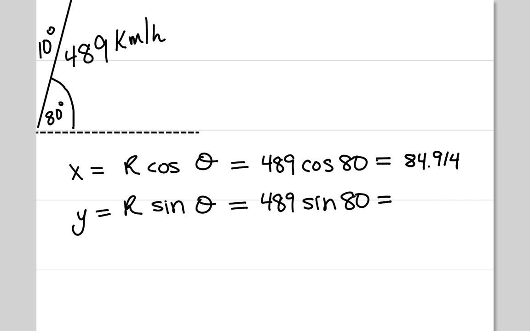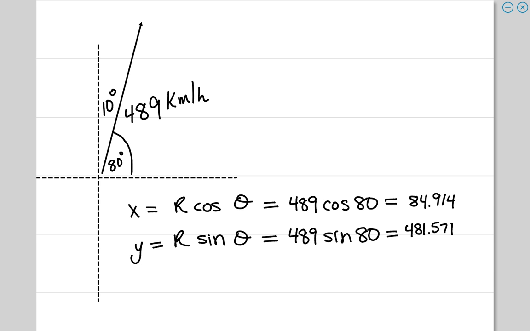I'm just going to take some extra decimals. I know some people were asking me why they're off just a little bit on their final answer. It's because you've rounded in between. If you take about 3 decimals, you should always be okay. And then 489 sine 80, 481.571. So let's identify what these numbers mean.